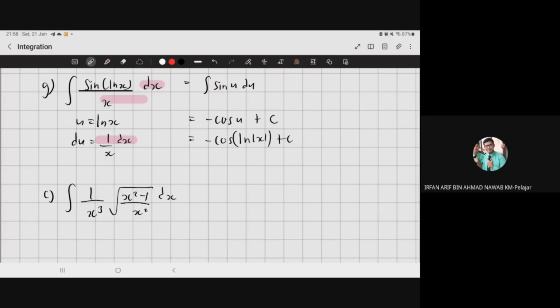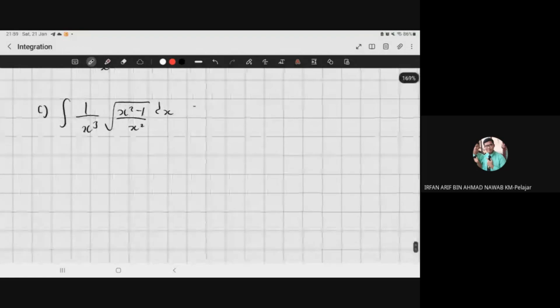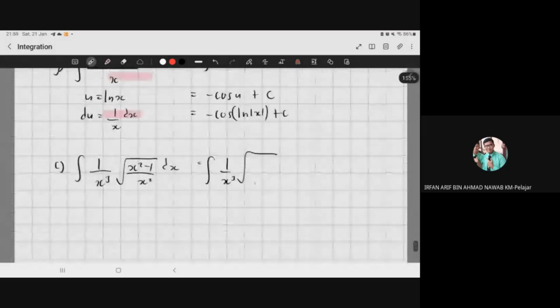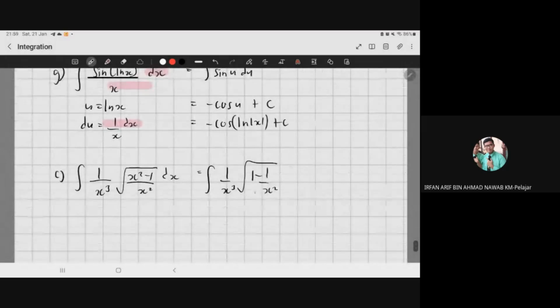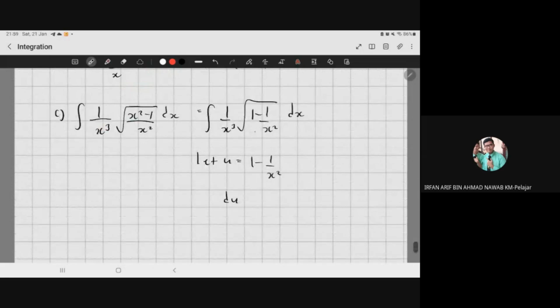All right, it's not that hard. Let me show you a speed run. I can simplify inside my square root, so I get 1 over x squared dx. Now let u equal 1 minus 1 over x squared. I differentiate, so du is 2 over x cubed dx.